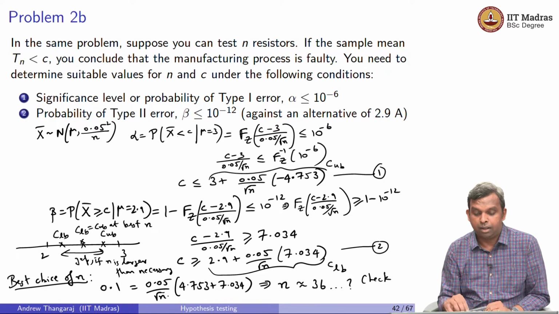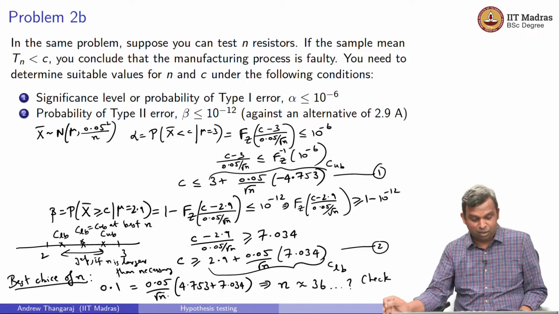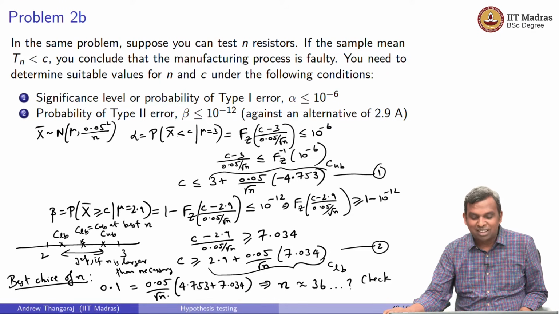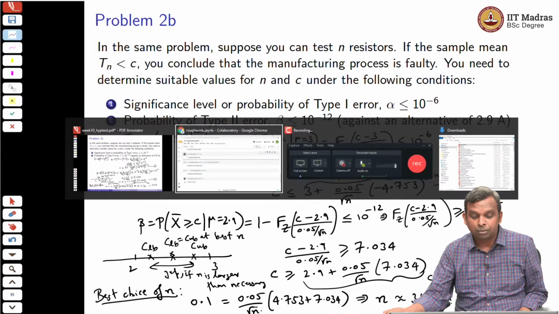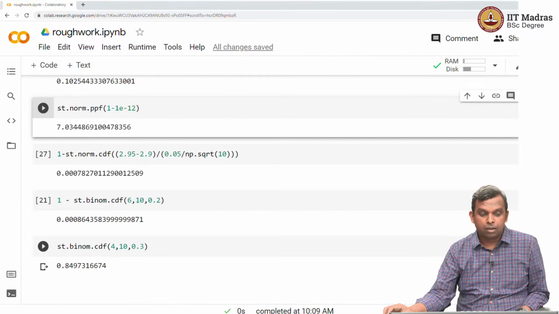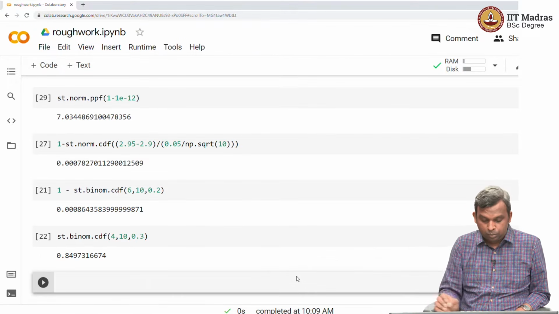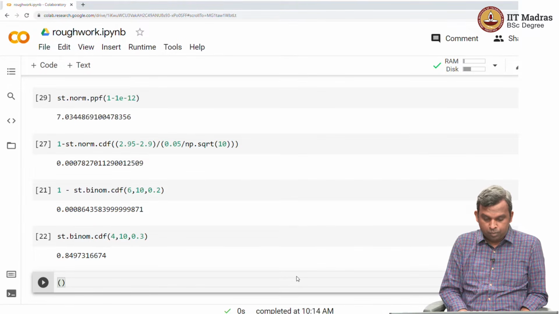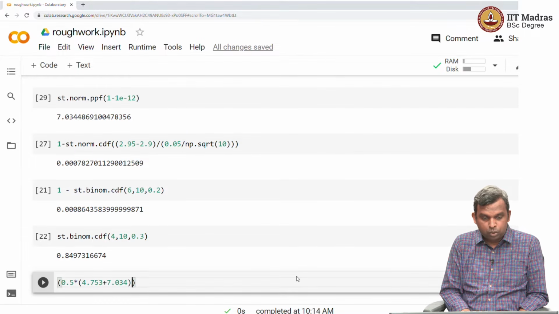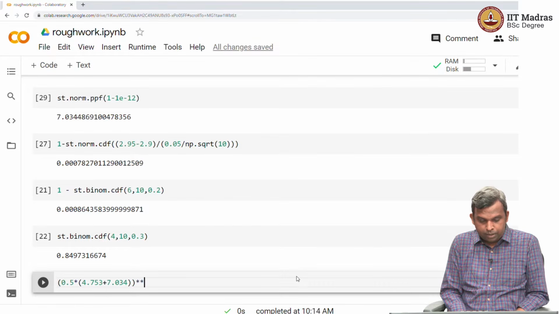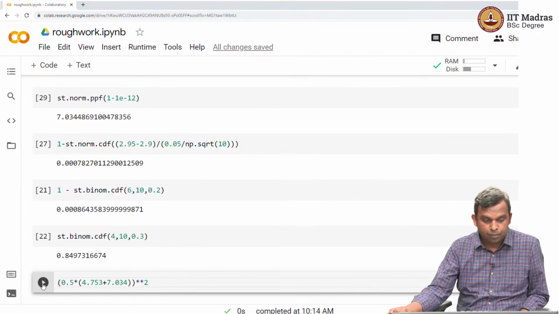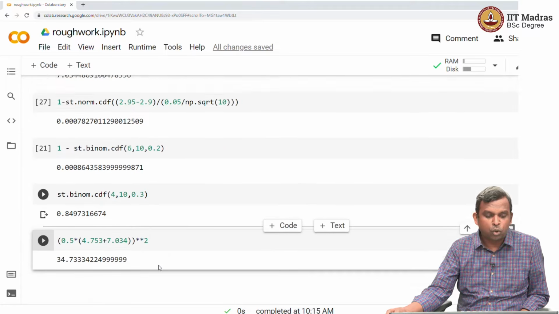Okay? And maybe I should just do this. I'm being lazy here. So it's 0.5 times 4.753 plus 7.034, I think squared, right? 34.73.